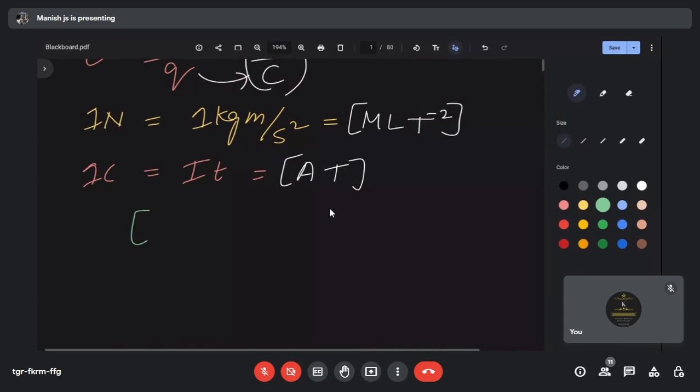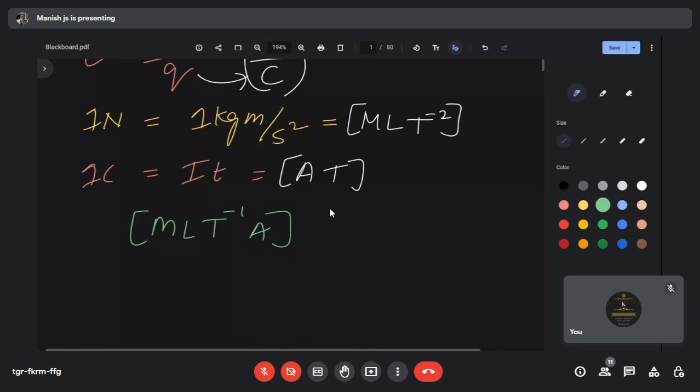Multiply both. So M L T power minus 2 into T, T power minus 1 into A. So you will get M L T power minus 1 into A.